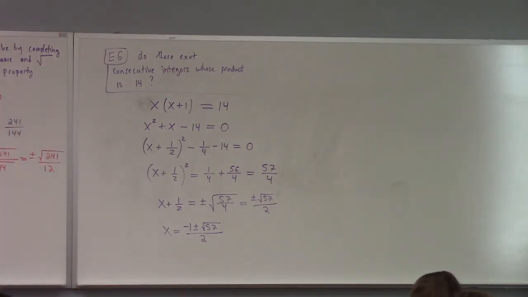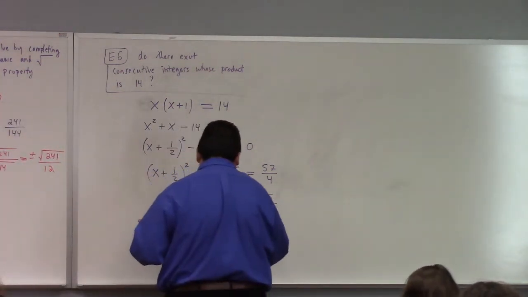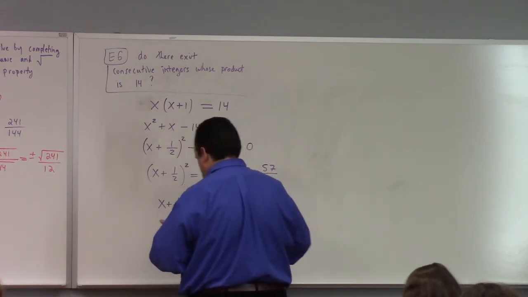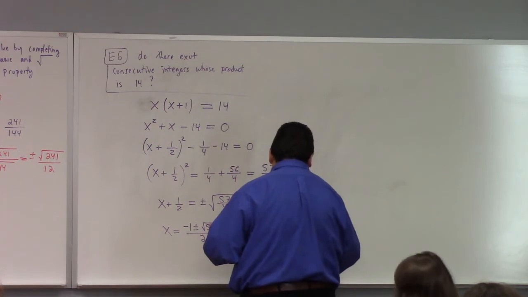Now you can plug these numbers into your calculator. What are you going to get? We will get 3.27-ish, or minus 4.27.